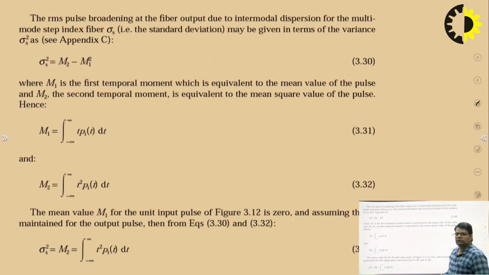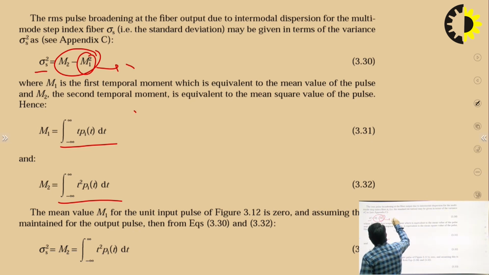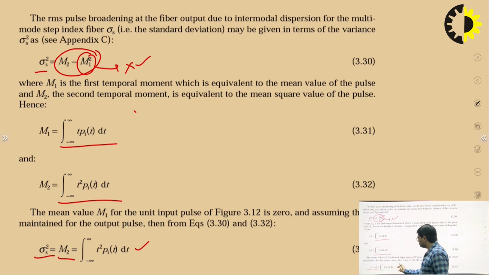Now the intermodal dispersion RMS value can be represented in terms of temporal moments M1 and M2, and this M1 is generally neglected here. So we have sigma s squared nearly equal to M2, where this is the second temporal moment, the integral of t squared p_i(t) dt.